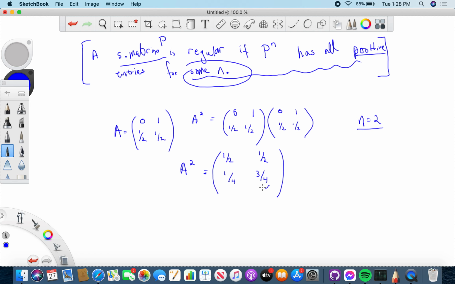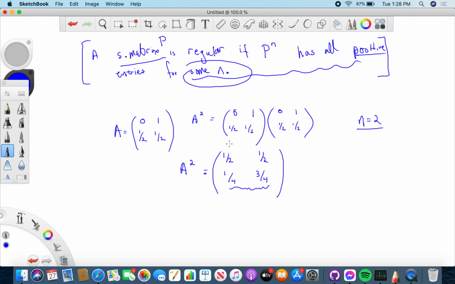Here's a quick comment I forgot to make. The product of any pair of stochastic matrices is still going to be a stochastic matrix. I believe that's an exercise in the book, and we may have it on the homework.